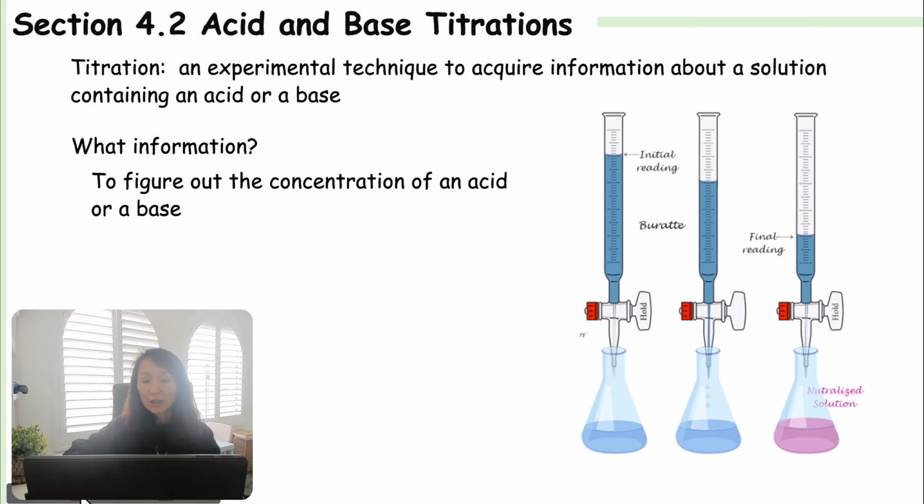Here, I'll illustrate a little further. If you have a sample here of an acid, but you do not know its concentration, then you add in a base here, but you do know the concentration, a known concentration.